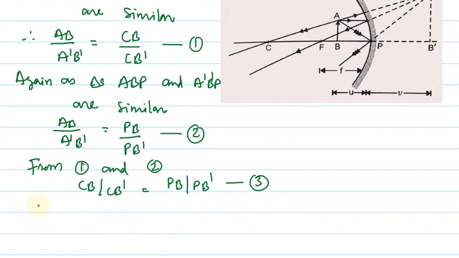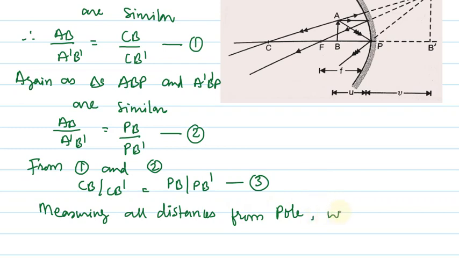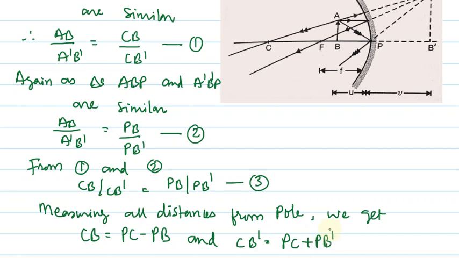Measuring all distances from the pole, we get CB is equal to PC minus PB and CB prime is equal to PC plus PB prime.